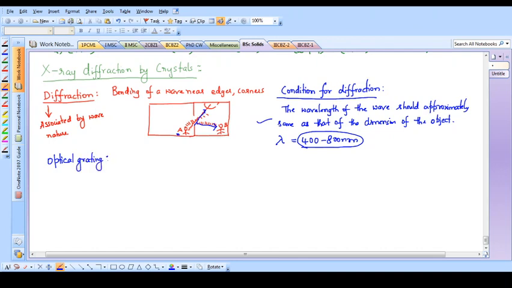Okay, when you studied physics in your PU class, your teacher might have demonstrated the diffraction pattern by using an optical grating. So an optical grating is nothing but an optical material in which we have scratched lines.